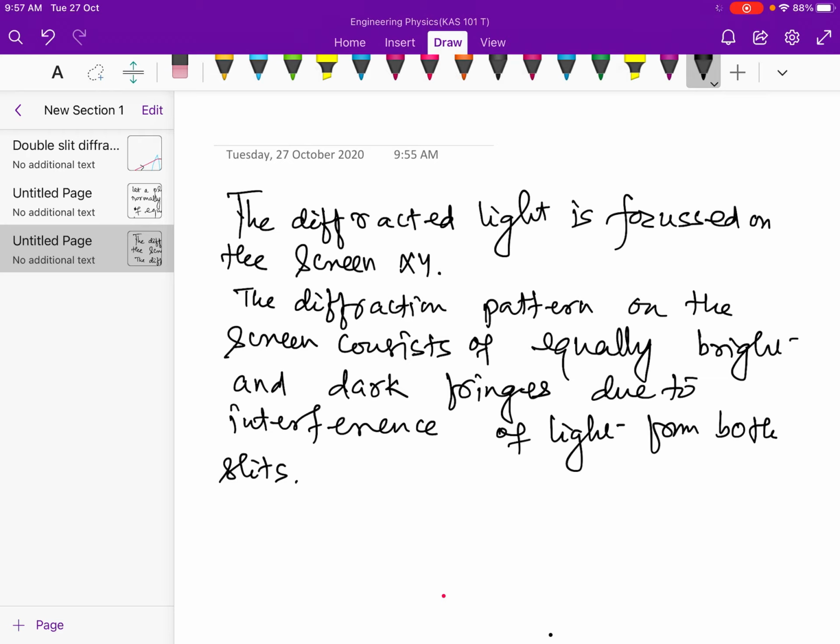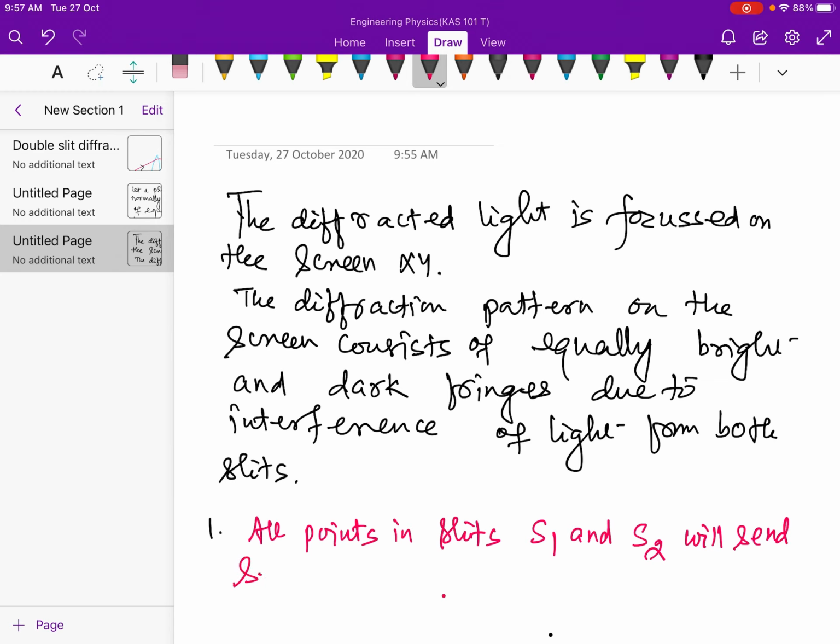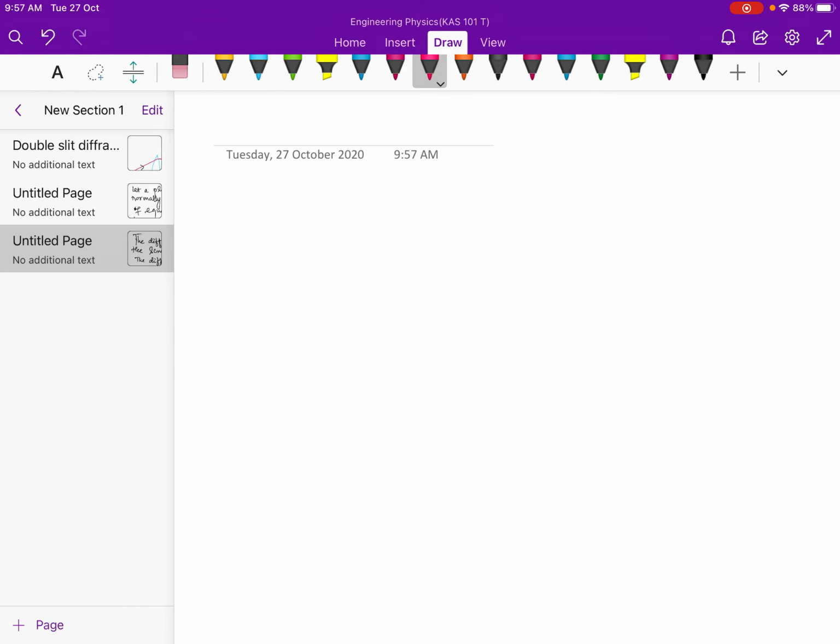The observations are: first, all points in slits S1 and S2 will send secondary waves.